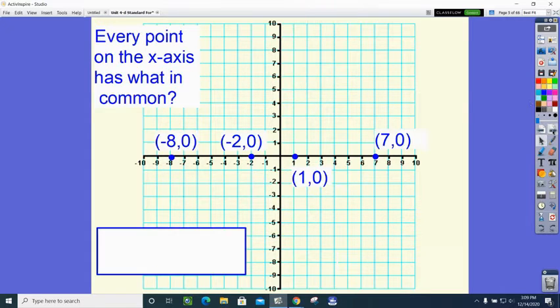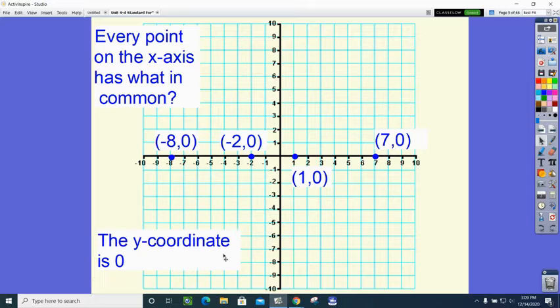Now let's take a look at the x-axis. I've again picked 4 points on the x-axis, and what do you notice here? Did you notice that every y-coordinate is 0? So if you have a point with a y equaling 0, that would be the x-intercept.